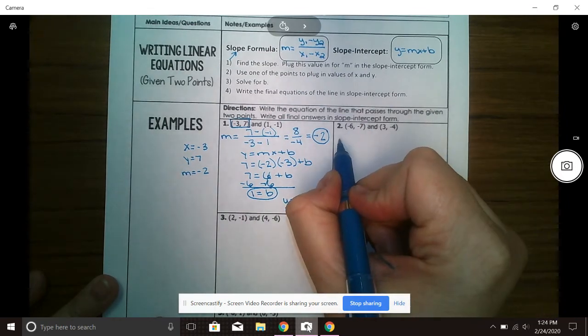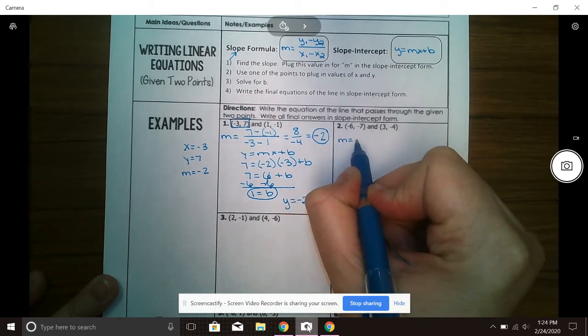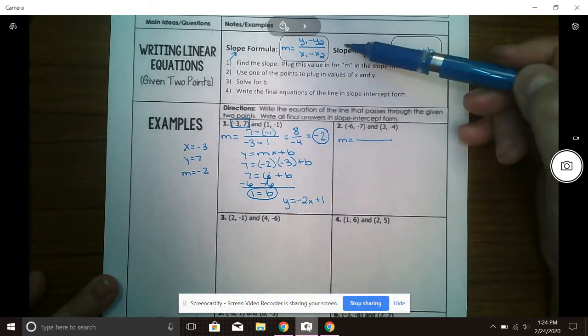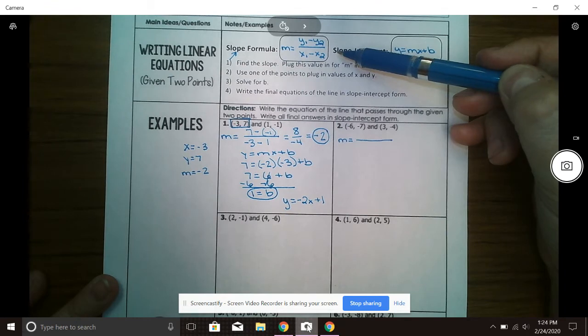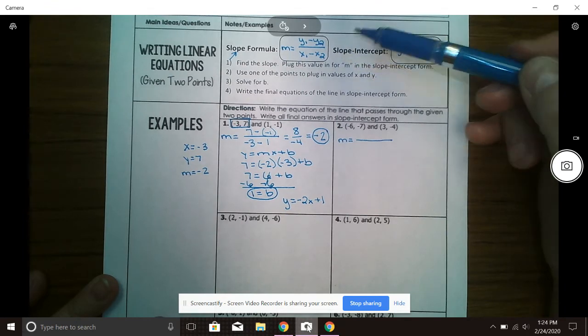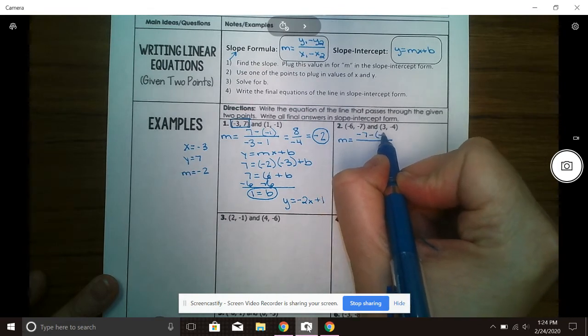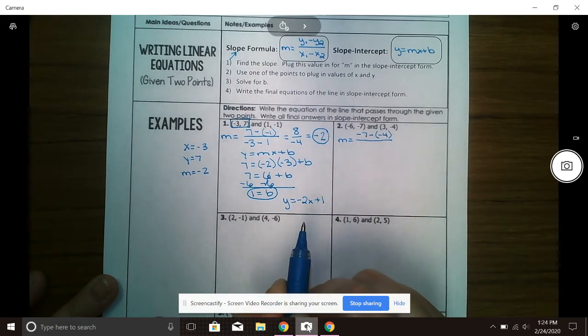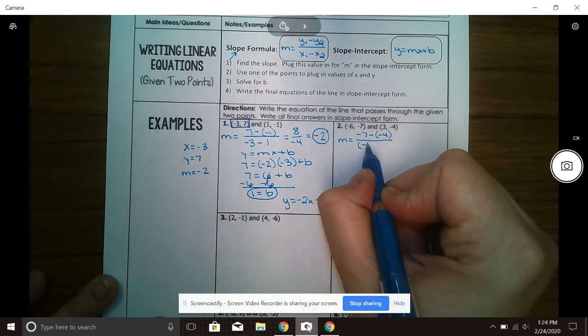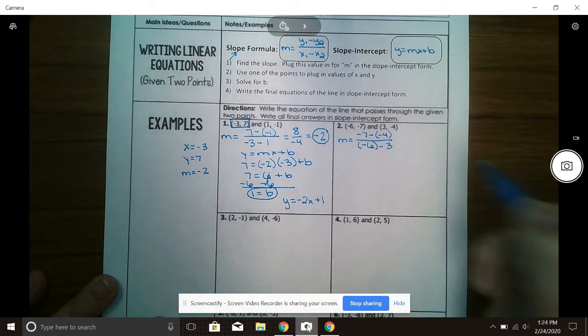My first step is to solve for the slope. To do that, I'll use this slope formula, y1 minus y2, which would be negative 7 minus negative 4 over x1 minus x2, so negative 6 minus positive 3.